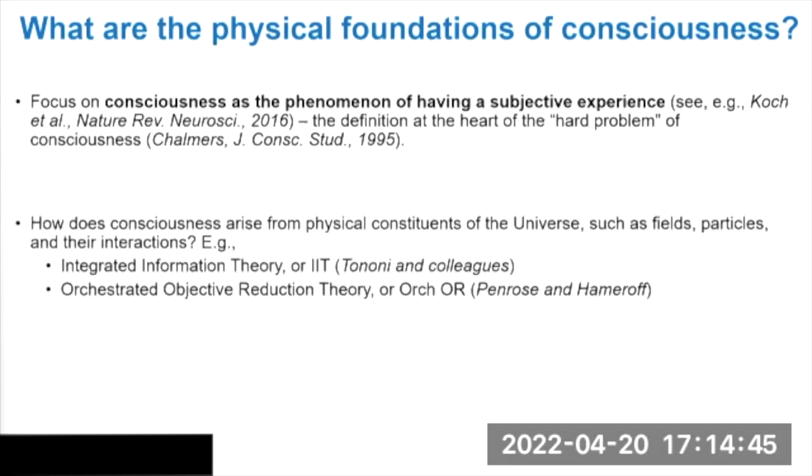Ultimately, we want to understand how consciousness arises from physical constituents of the universe, such as fields, particles, and their interactions. And of course, there are theories that proposed solutions to this. I'll mention just two here: the integrated information theory, and the other one is the orchestrated objective reduction theory, or Orch OR.